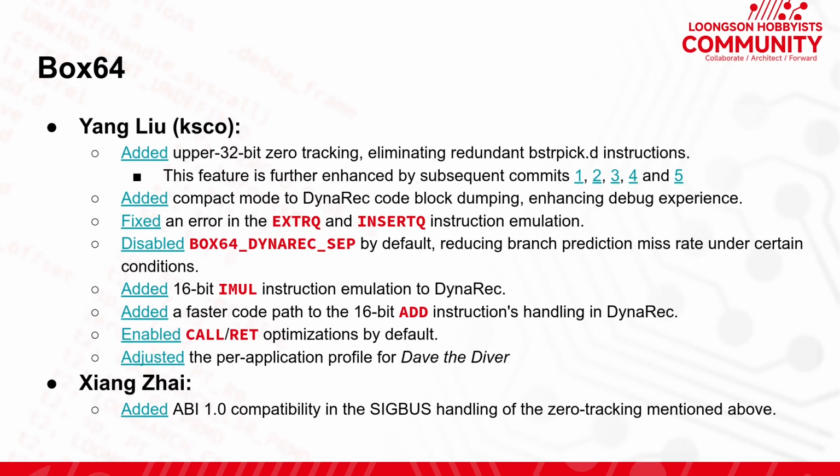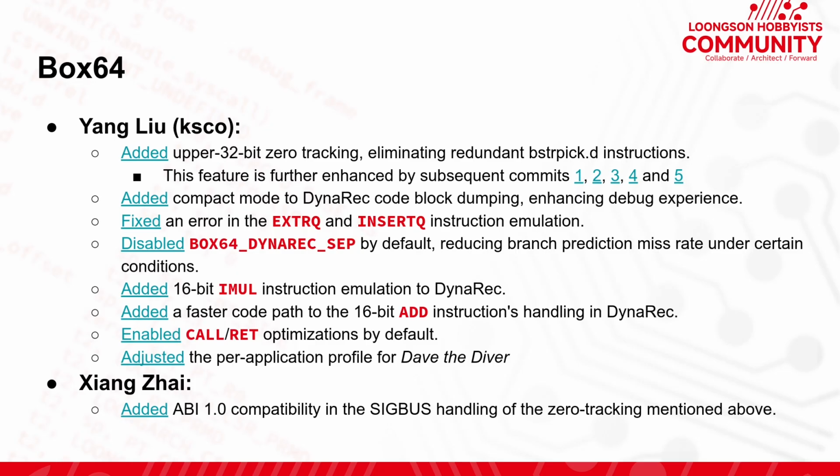So in theory, this can reduce some redundant translation of the same code. However, with some testing, we recently found that this is really not good for the branch prediction. So it's not good for the performance. Anyway, it's now disabled by default. Users can enable it manually if they want.